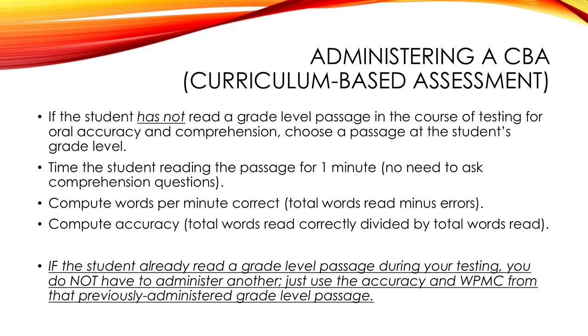So you'll compute words per minute correct, and that simply is how many words did they read altogether, and subtract how many errors or deviations from print. And you're also going to compute the accuracy. So you're going to take those total words that they read correctly and divide it by the total words read. And I'll show you an example because that seems a little foggy there.